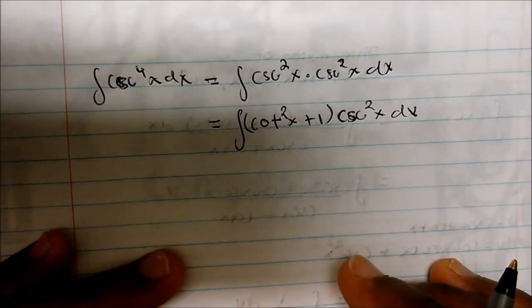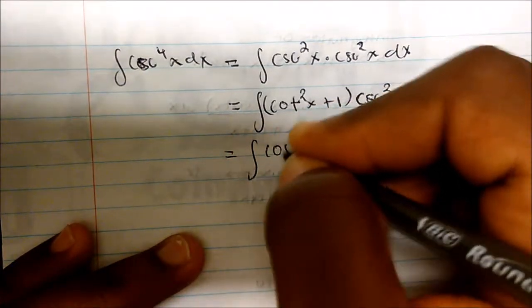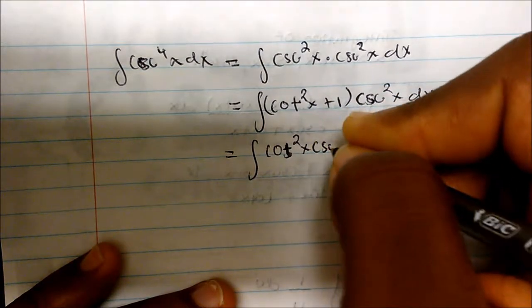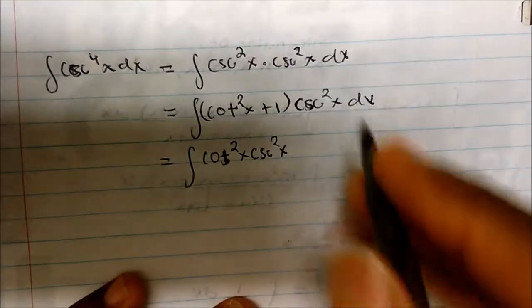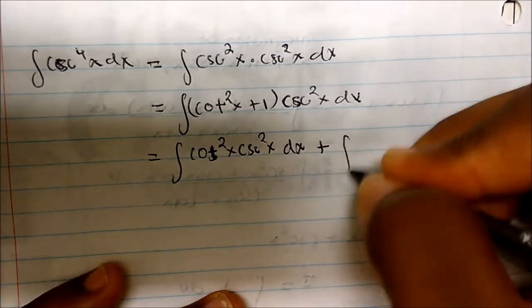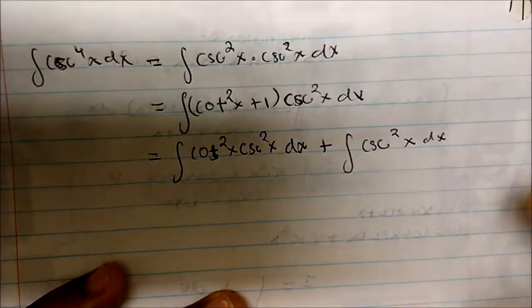Okay, this becomes a simple idea now where I could distribute. So this becomes the integral of cotangent squared of x times cosecant squared of x dx, I'm just going to split it up all at once, plus the integral of cosecant squared of x dx.